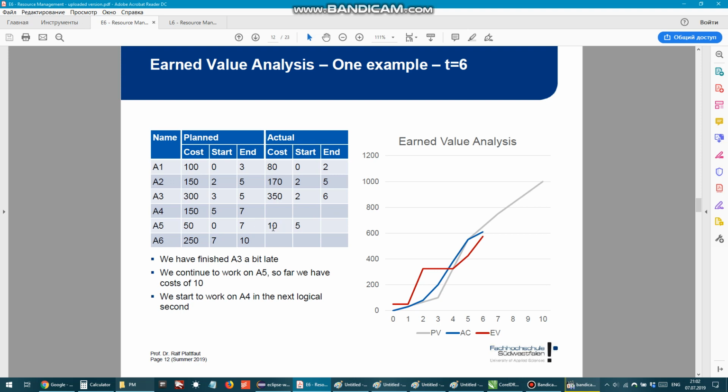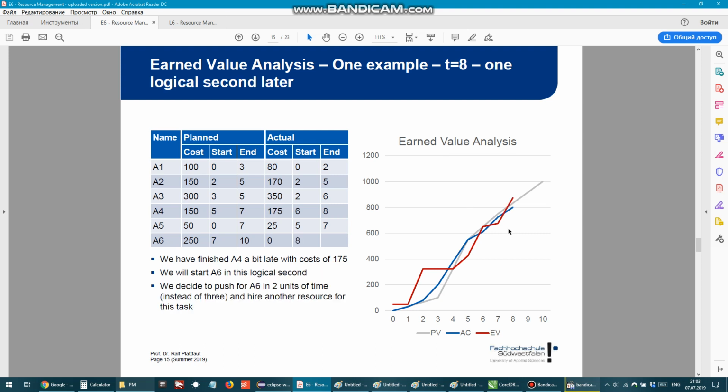And for example, if A5 is 10, the next day it increases to 25, and so on. This is a normal way the costs occur, because you don't pay all your costs right away from the front. While time passes, you pay your costs. And at the end, you compare them with your planned costs, and it can be more, less or equal to your planned costs.